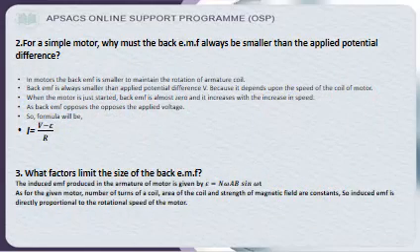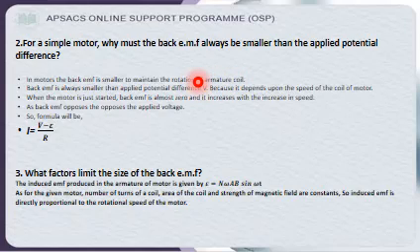Next, question number 2. For a simple motor, why must the back EMF always be smaller than the applied potential difference? The main reason is to maintain the rotation of the armature coil. Back EMF is always smaller than the applied voltage because it depends upon the speed of the motor coil. When the motor is just started, back EMF is almost zero and it increases with speed.